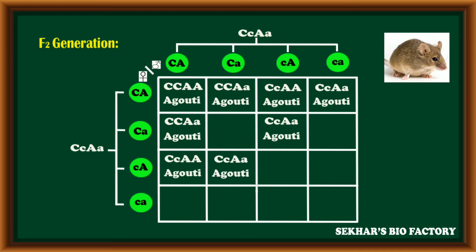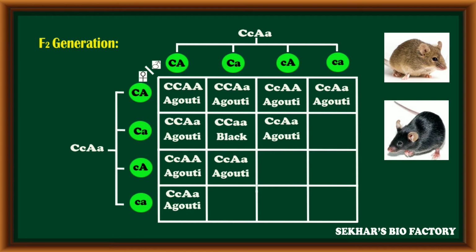The next combination, capital C, capital A, small a, agouti coat. The next combination is also capital C, capital A, small a, agouti coat color. It will be expressed in these combinations. Out of 16, these 9 combinations have the agouti coat.